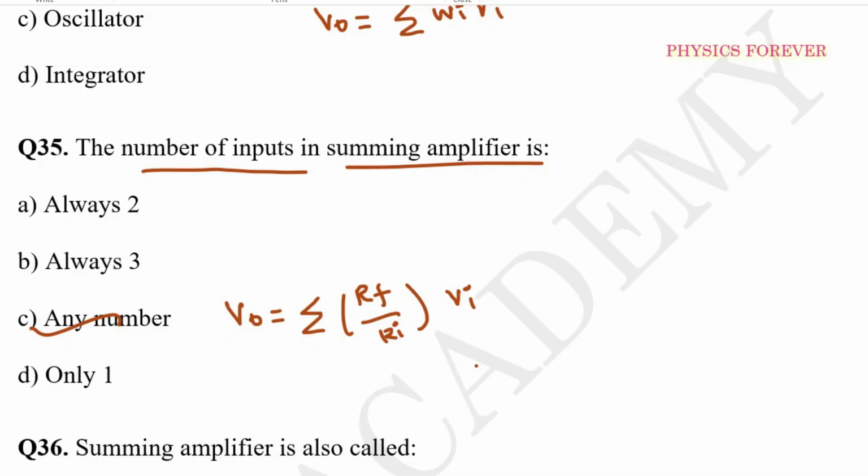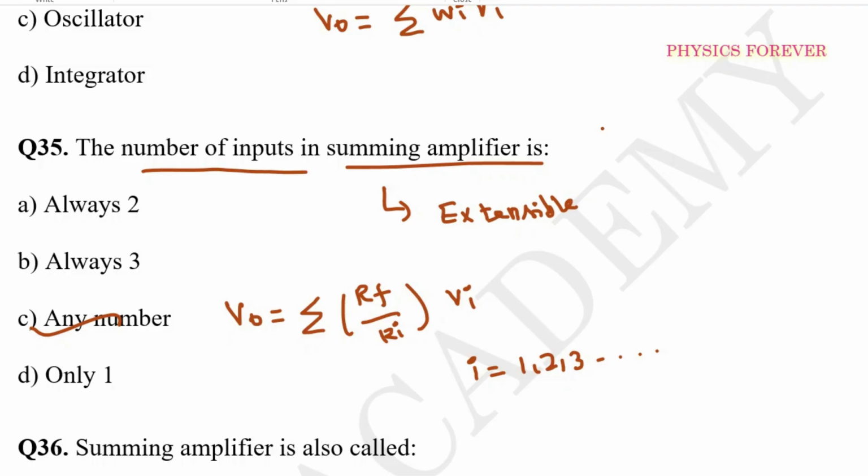I represents 1, 2, 3 up to n, and we can apply that to the summing amplifier. It is extensible. So the summing amplifier is extensible.